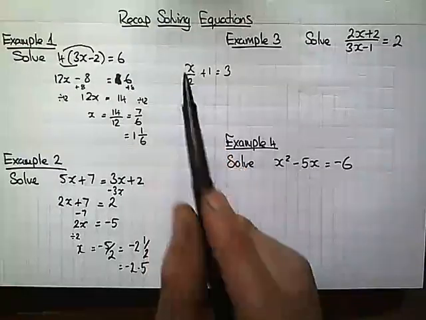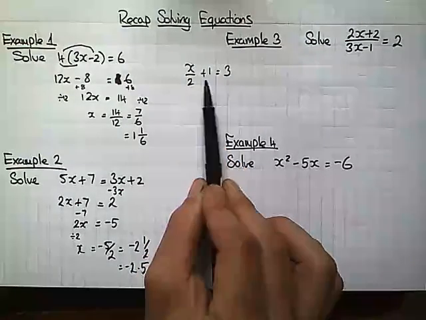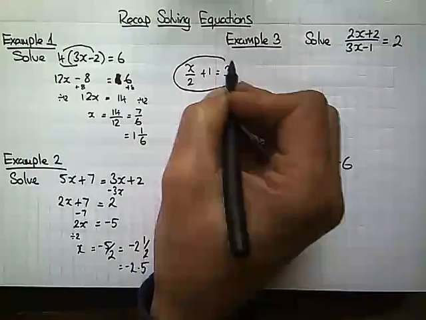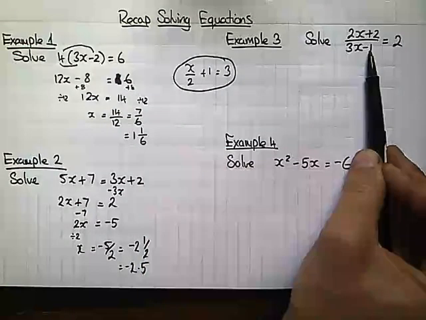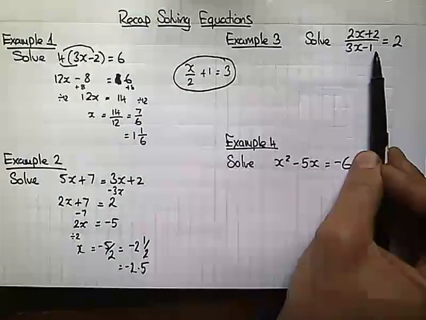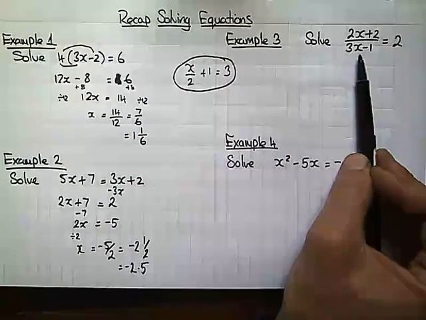Try and be really careful, because the first step I'd have to do in this one that I've just written down, the one that I've circled, I'd have to undo the plus 1, okay? But here, in this example 3, I don't have anything on its own on the same side as the fraction. So you just need to be really careful, okay?